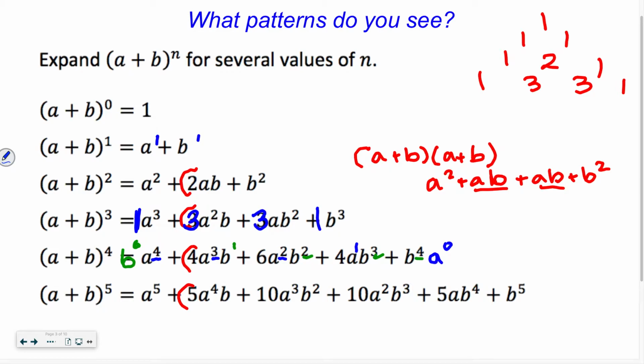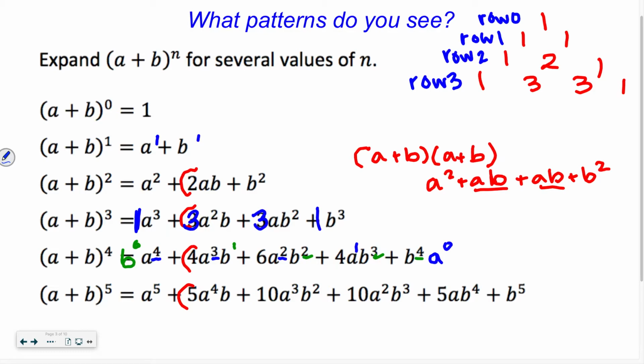So this is row 0, remember? I said this is going to be row 1, this is row 2, and this is row 3. So notice I used 1, 3, 3, 1 when I raised my binomial to a 3. If I'm raising my binomial to the 5th, which row of Pascal's do I want?